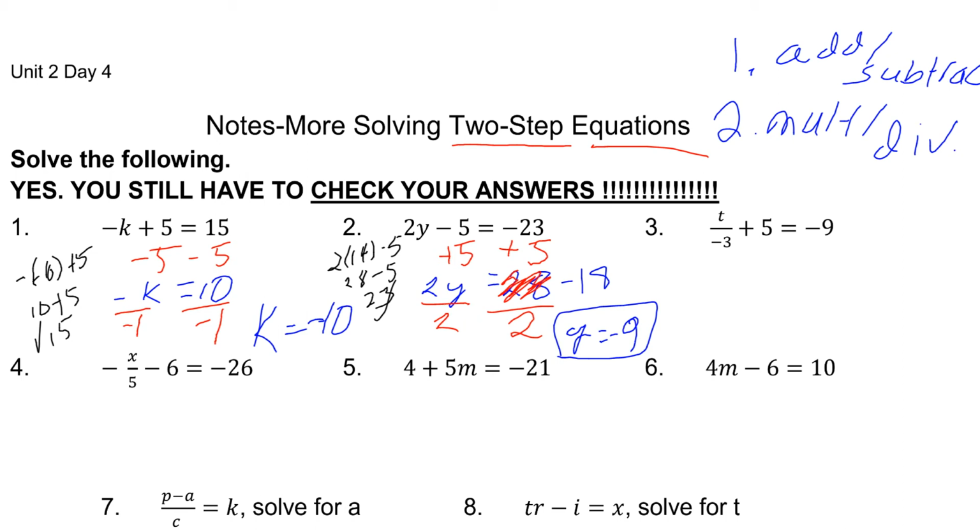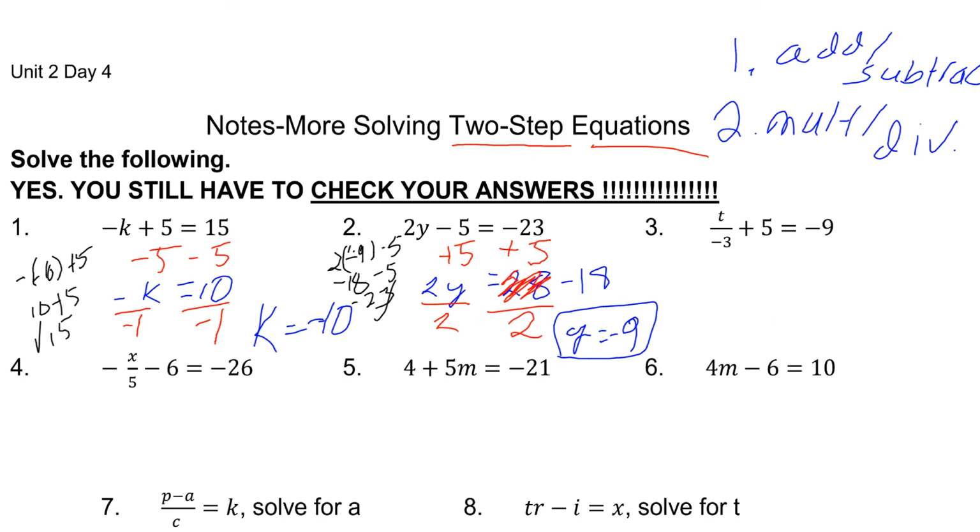Now I can take that negative 9 and plug it in for that y. So I get negative 18, minus 5 equals negative 23.